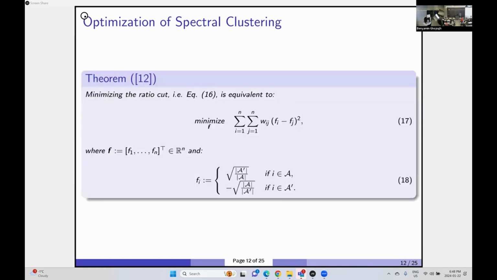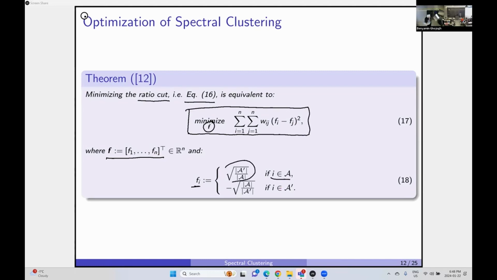Theorem. Minimizing the ratio cut, that is equation 16, is equivalent to this: minimize the summation of wij (fi minus fj) squared over f. This is the n-dimensional vector f, f1 to fn, where fi is defined as this. If i belongs to A, fi is this.